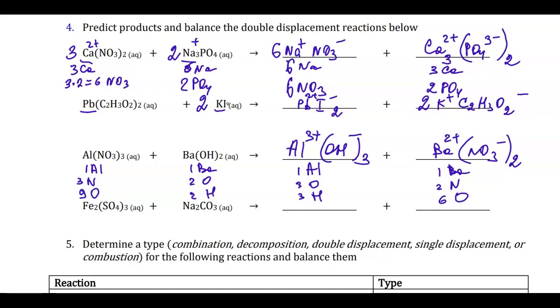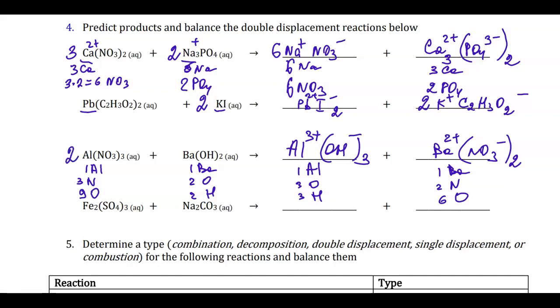So we start with aluminum. Aluminum 1 and 1, so it's balanced. But nitrogen is not balanced. So 3 nitrogens here and 2 here. And this problem can be solved like this. 2 goes here.